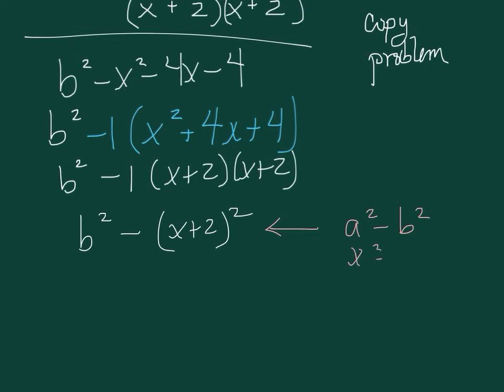Or x squared minus y squared. We have a difference, which means subtraction, of 2 squares here. So I can factor that. So I've got the square root of b squared is b, and the square root of x plus 2, the quantity squared, is x plus 2.